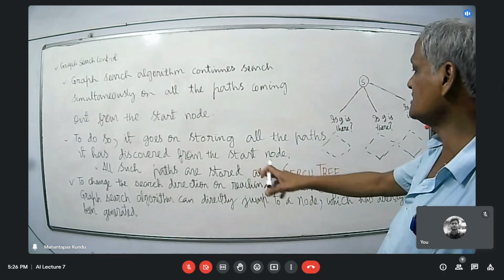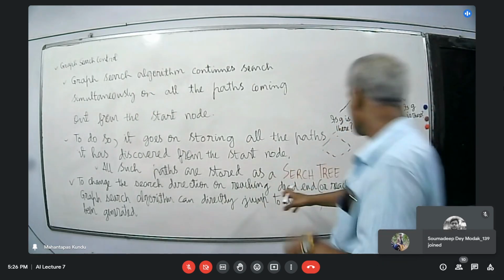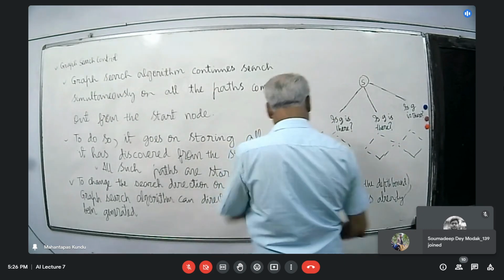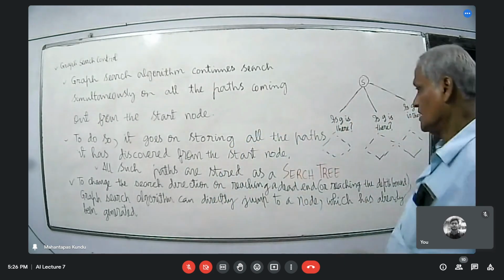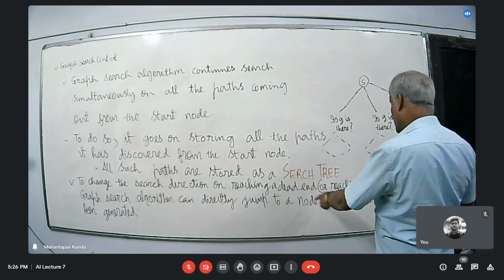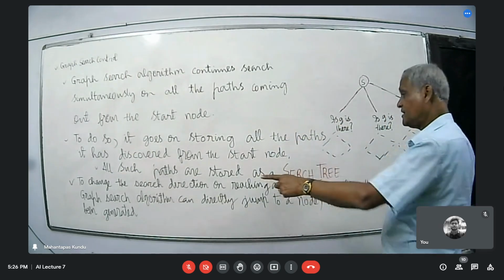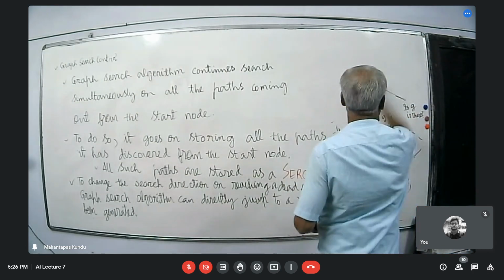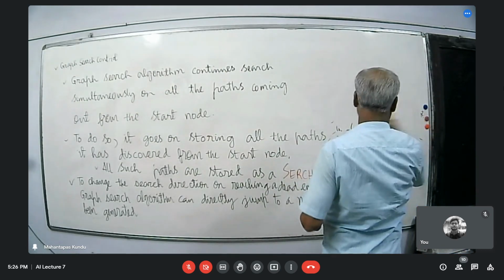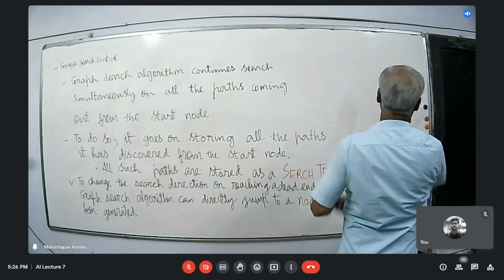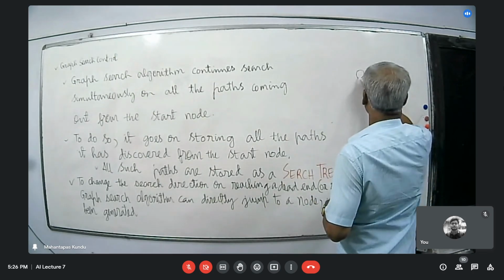Now to change the search direction on reaching a dead end, graph search algorithm can directly jump to a node which has already been generated. For example, let this be the search tree.